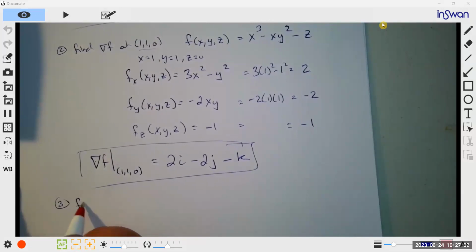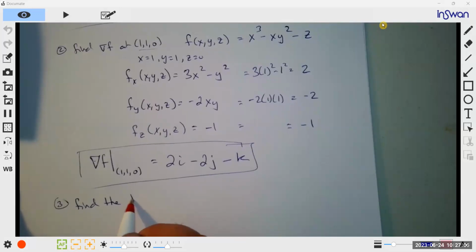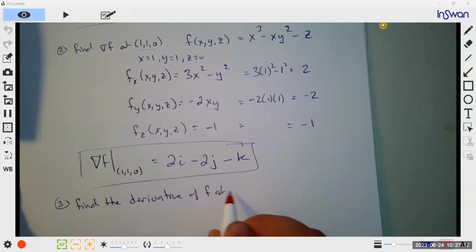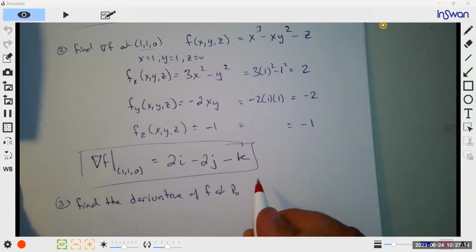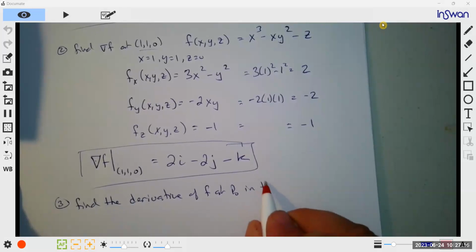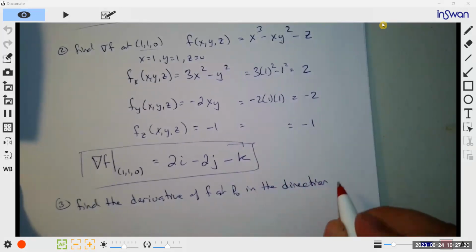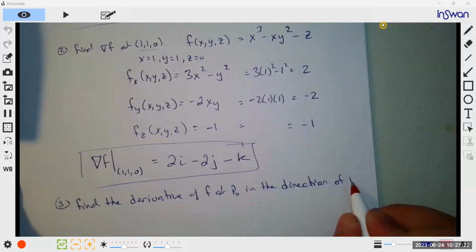So now we've got to find the derivative of f at p0 in the direction of v.